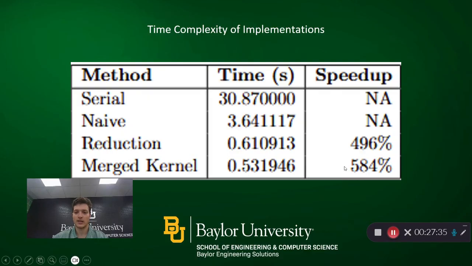This ends up being, relative to the naive version, a final speed up of 584% faster, and this would be like 6,000% over the serial version. So I hope you enjoyed my presentation and the advantages of GPU parallelizing a program over serial for this application. Thanks.